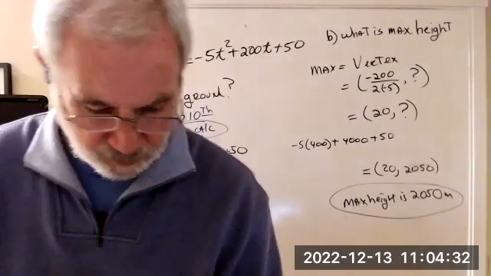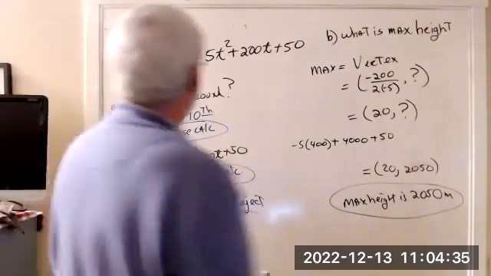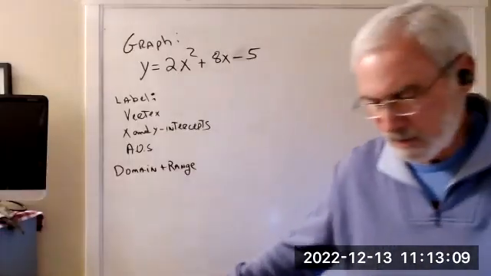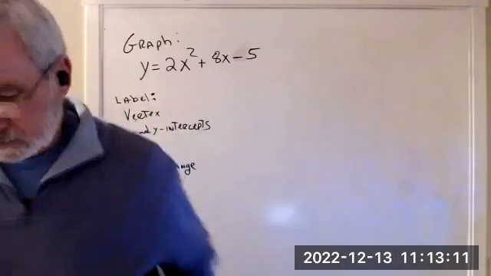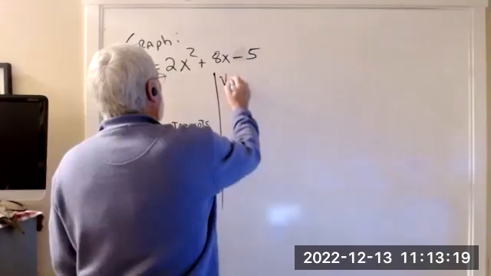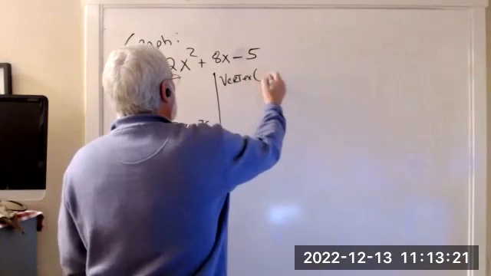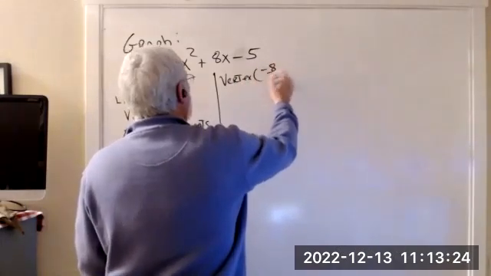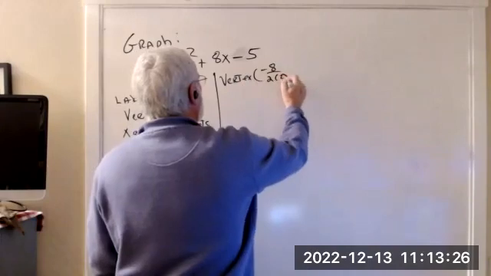Could we do one of those parabolas and find the vertex, the x, y, and all those? Sure. Can I erase this? Yeah. Okay, so we get this. The vertex is negative 8 over 2 times 2.